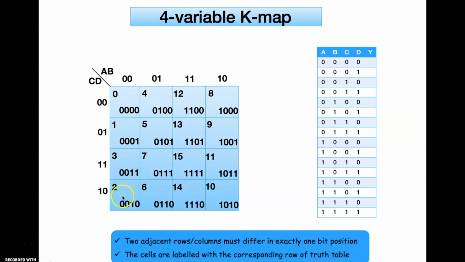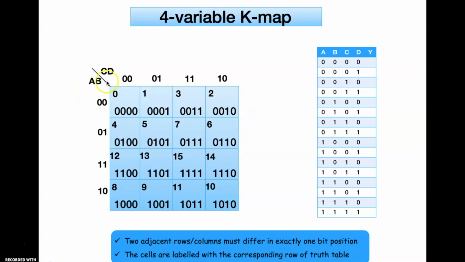This is 3, 2, 4, 5, 6, 7 and so on. So we can see here this particular cell corresponds to this particular row of this truth table. In a 4 variable KMap also, we can change the position of these variables like this. In that case, the cell numbering will be 0, 1, 2, 3, 4, 5 and so on.